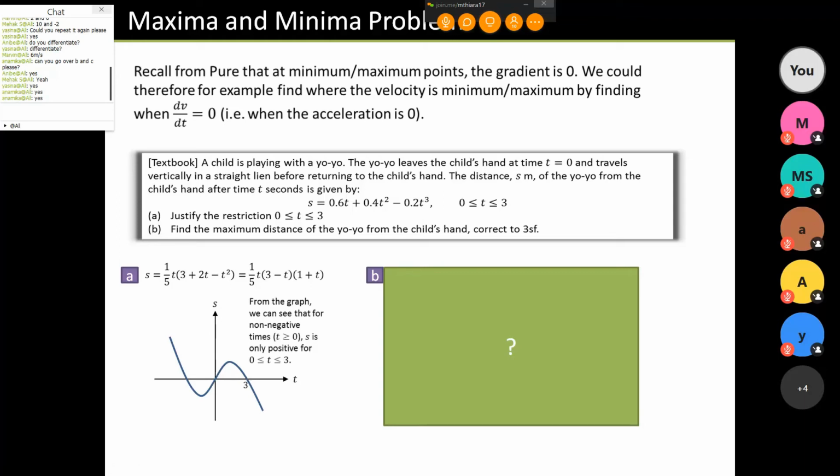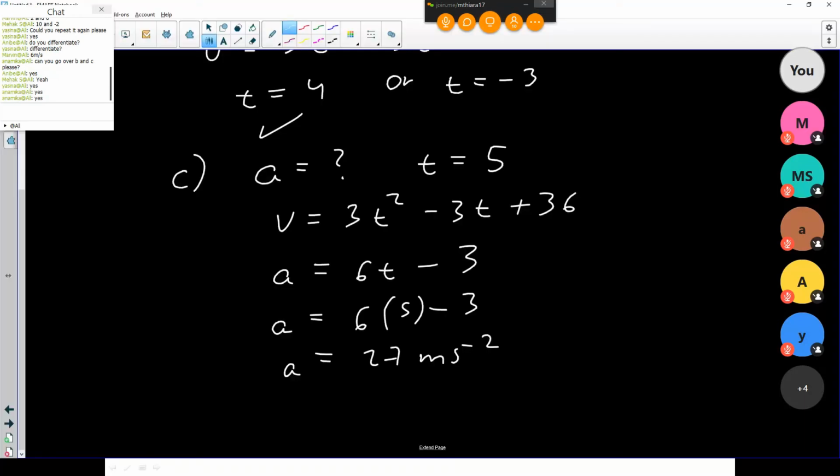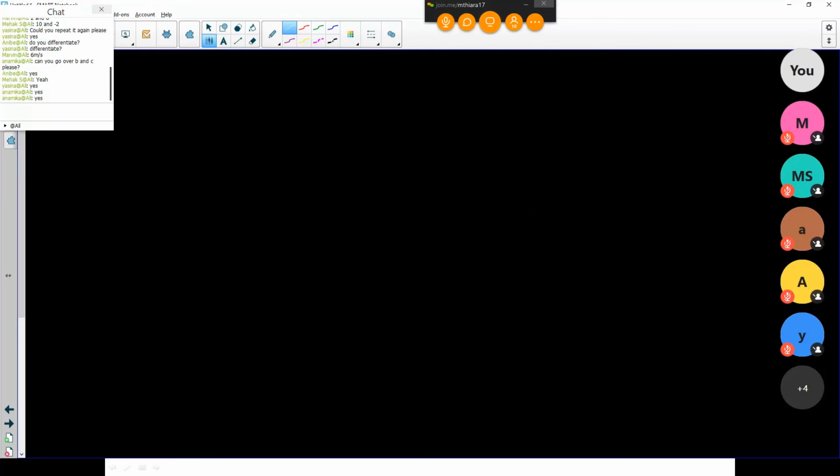Now for part B, it's asking for the maximum distance of the yo-yo from the child's hand, correct to 3SF. So what we've been asked to work out for part B is the maximum distance.